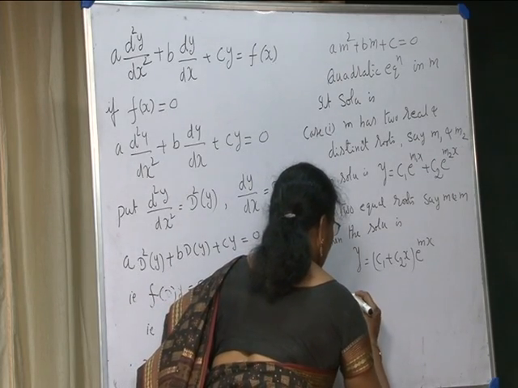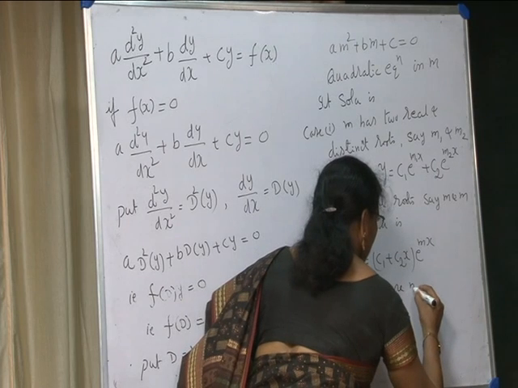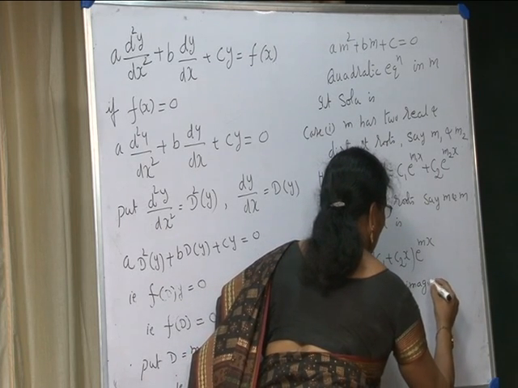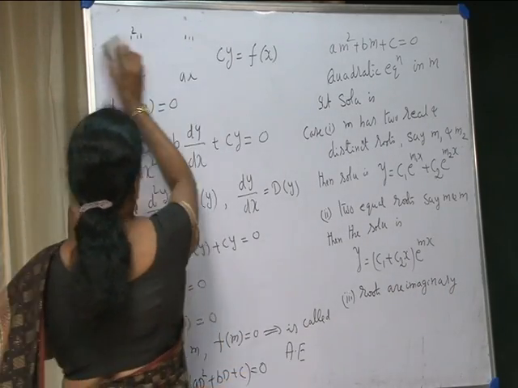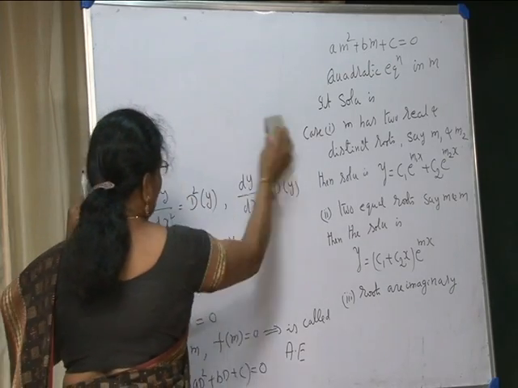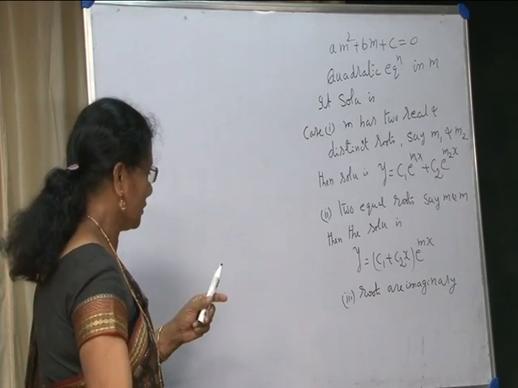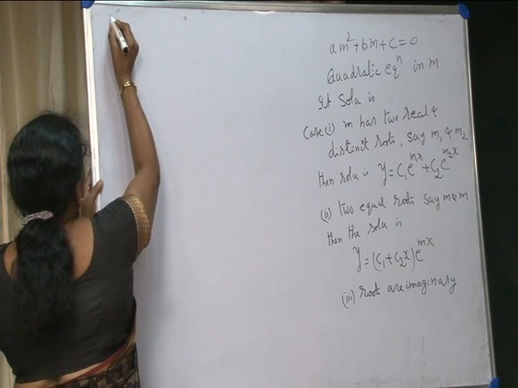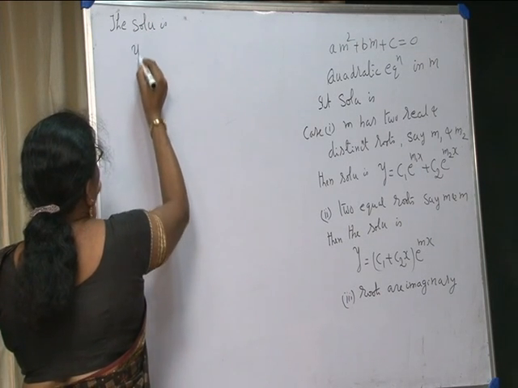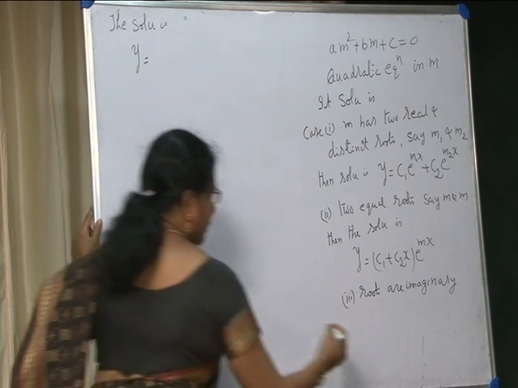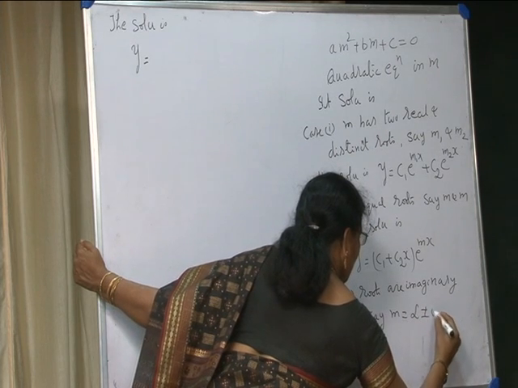Third case, roots are imaginary. Then the solution is y is equal to e to the power, say let us take m is equal to alpha plus or minus i beta.